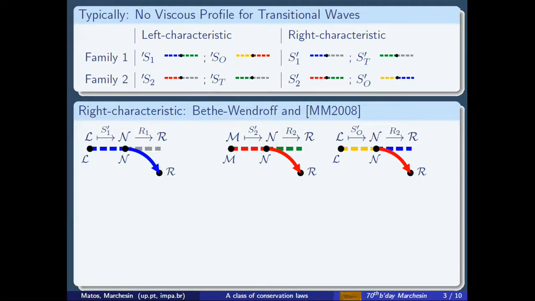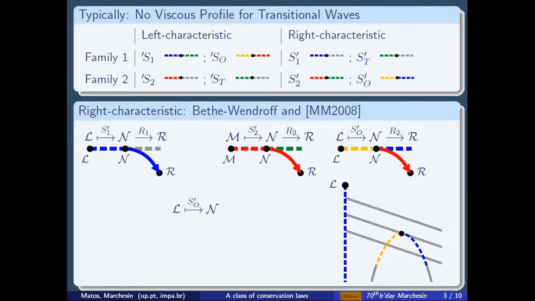So what happens with this case? Actually, this situation is also quite usual to see. Let me put here the Hugoniot curve from this point, L, and suppose that we have a state N such that the shock from L to N is right characteristic.